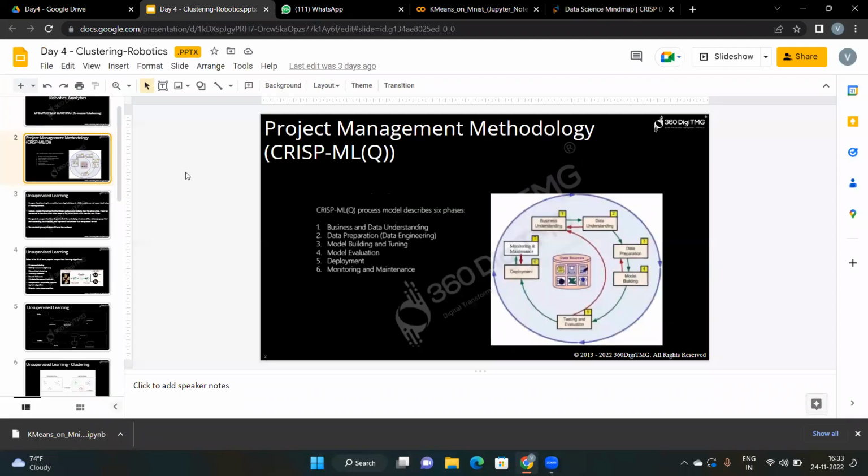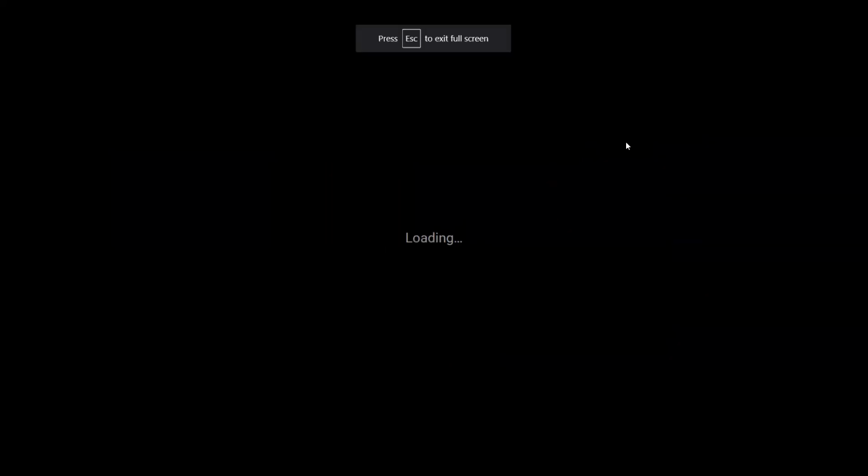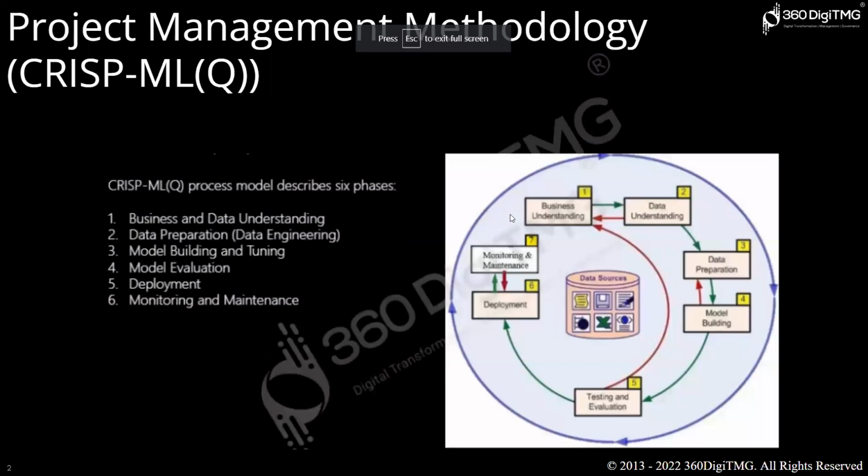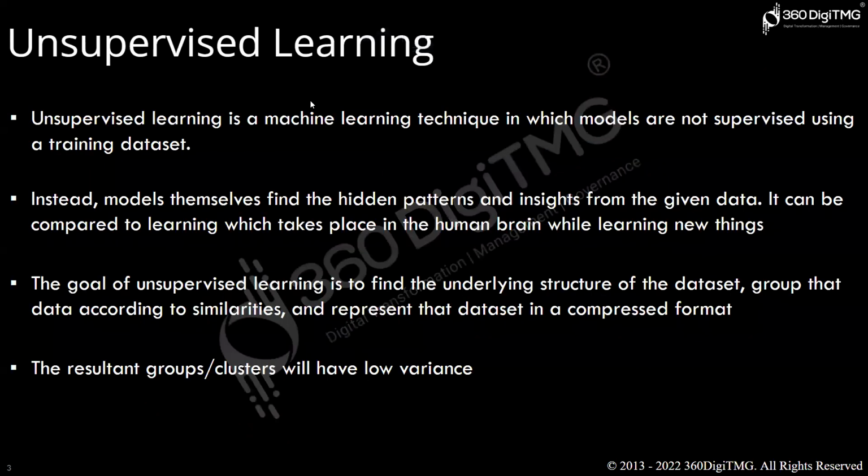So this was all about the mind map for supervised and unsupervised learning. We're going to get back to the slide, and the next thing is what is meant by unsupervised learning. Unsupervised learning is a machine learning technique in which models are not supervised using a training data set.